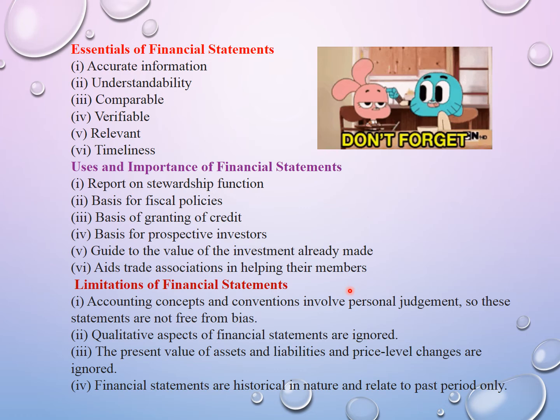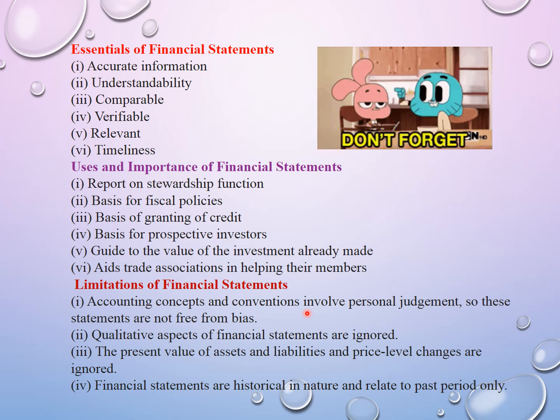Next, the present value of assets and liabilities generally are ignored. Balance sheets are prepared on the basis of historical cost or cost price, but on a day to day basis the price level keeps on changing.